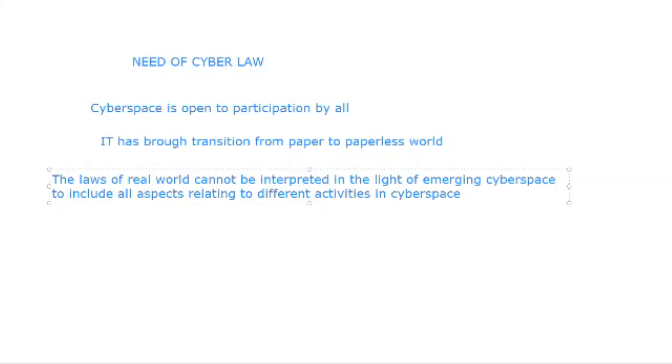The laws of real world cannot be interpreted in the light of emerging cyberspace to include all aspects relating to different activities in cyberspace. Okay. This shows the need of cyber law.